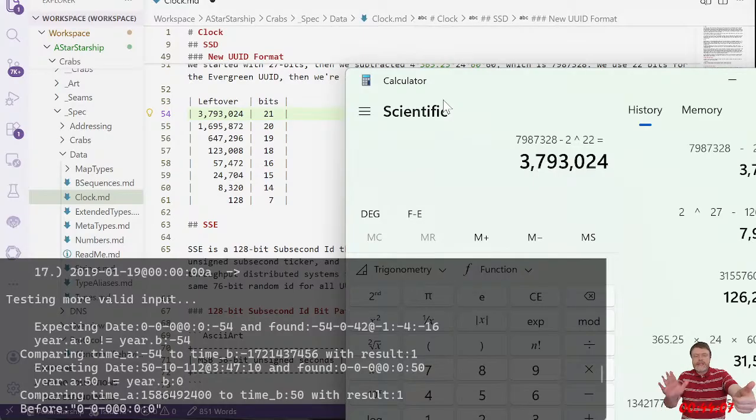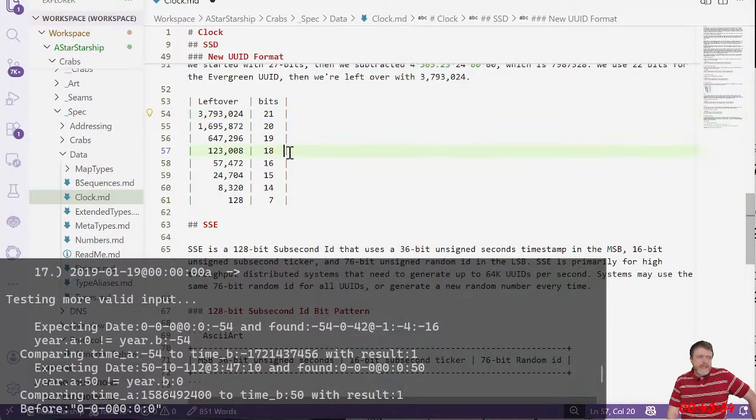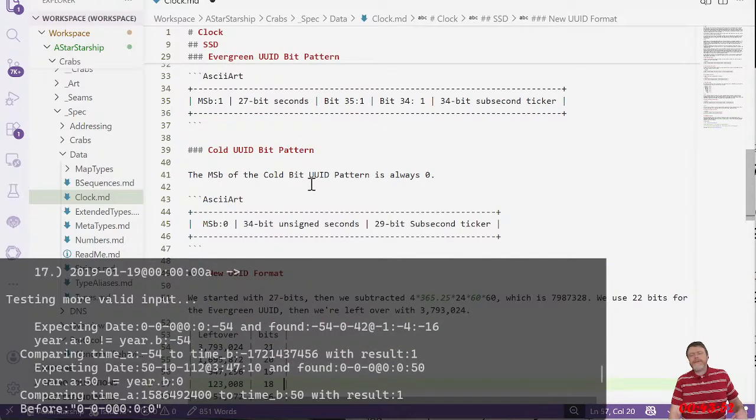And then there's the sub-second ticker. And then there's the source ID, which is 28 bits. But with an evergreen ID, we don't have a source ID. And so this is a limitation of the system we're designing. We've got a very limited number of bits, and we're utilizing them to 100% capacity.